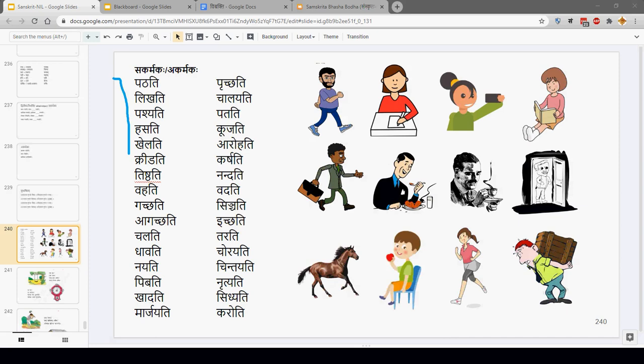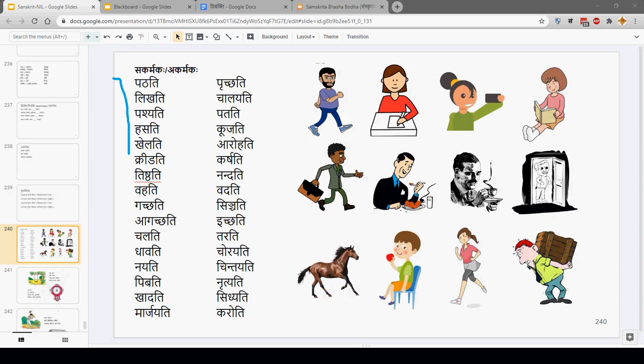Laughing, yeah. Laughing in English, is it transitive? Does it need an object in a sentence? No. I laugh, or he laughs.